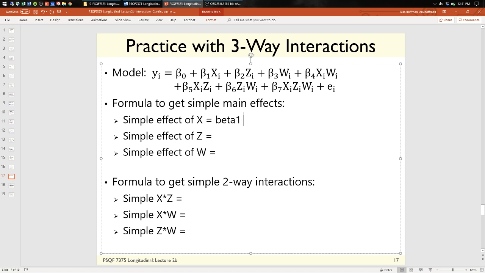Beta 1 plus. Can I just do B? I'm going to run out of room otherwise. Do I need beta 2Z? Nope. Beta 3W? Nope. Do I need beta 4? Yes. All right. So beta 4, because this is the slope for x, I don't need the x anymore, but I do need the w. Here, I'll put the times sign in there.